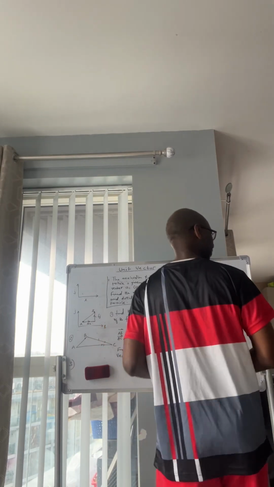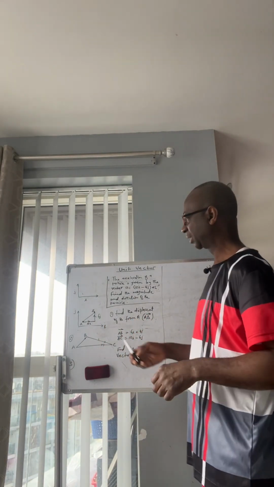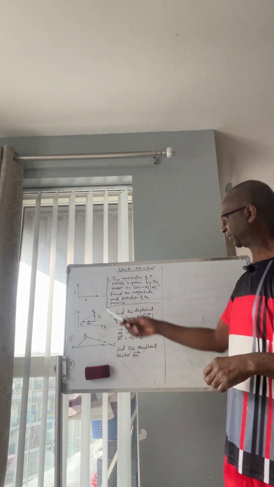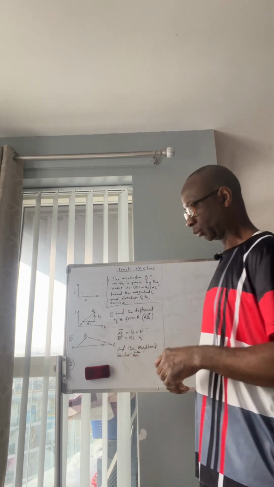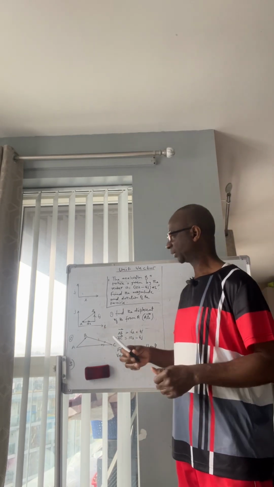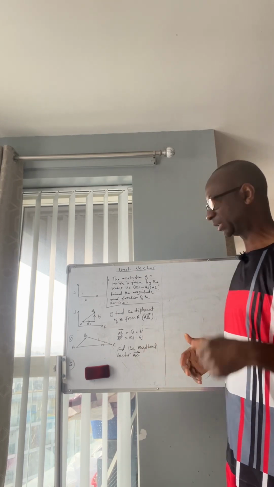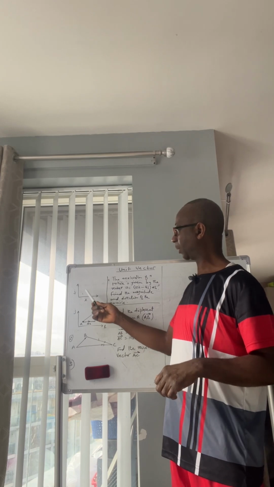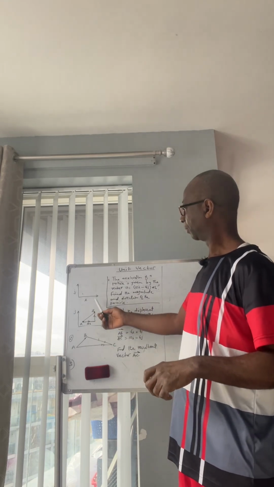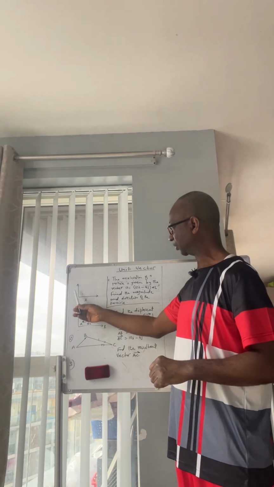A unit vector is a vector in which the magnitude of the vector itself is just one unit. So one unit on the x-axis and one unit on the y-axis. But with unit vectors, instead of saying x-axis or y-axis, those axes are represented by i and j.